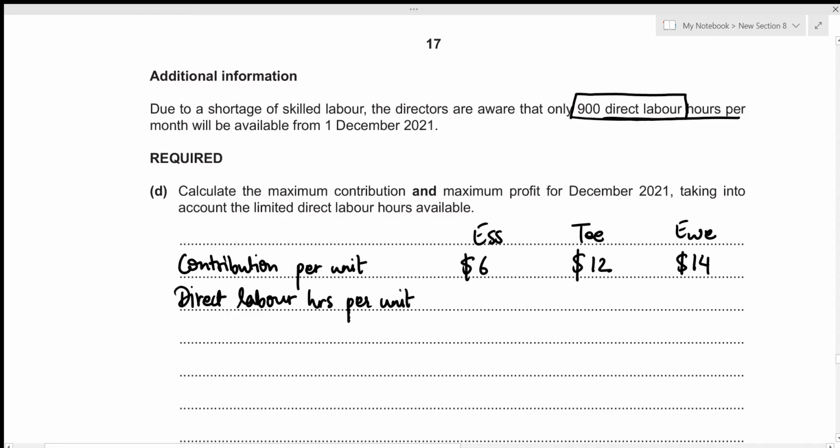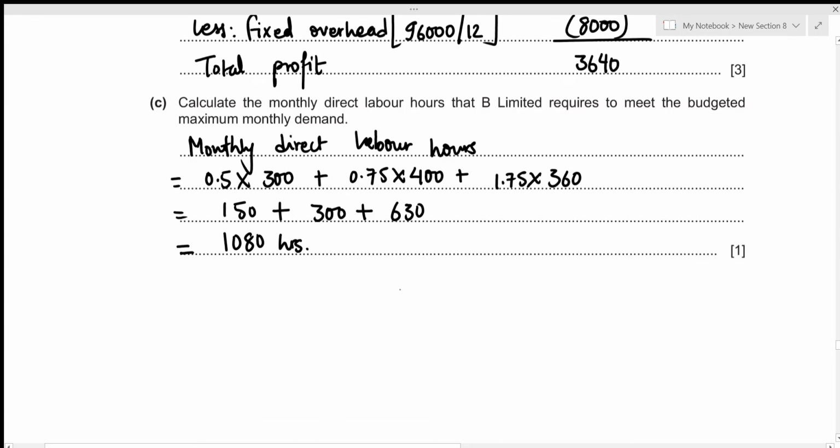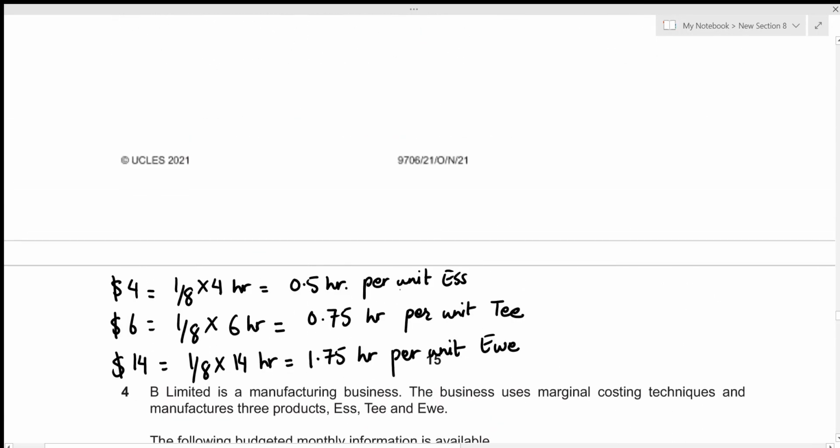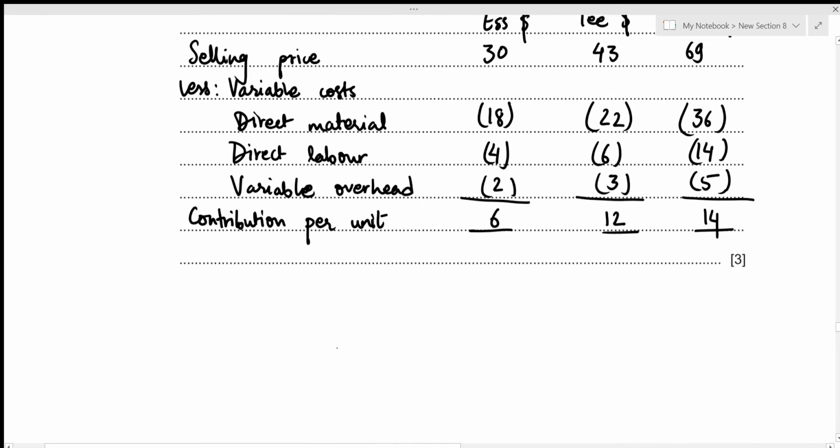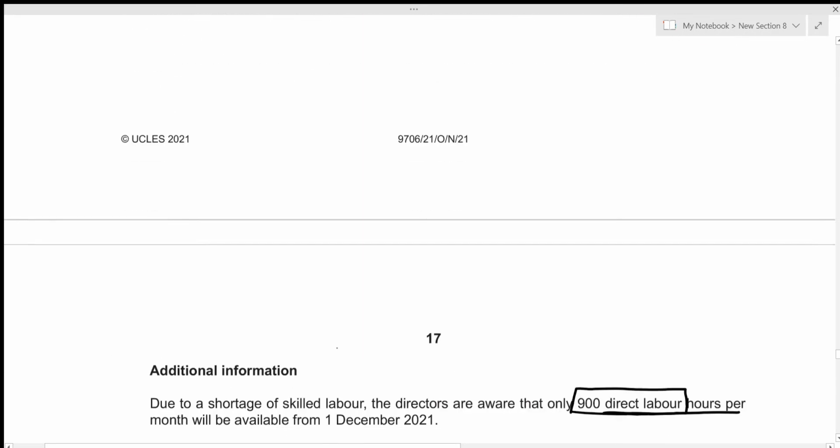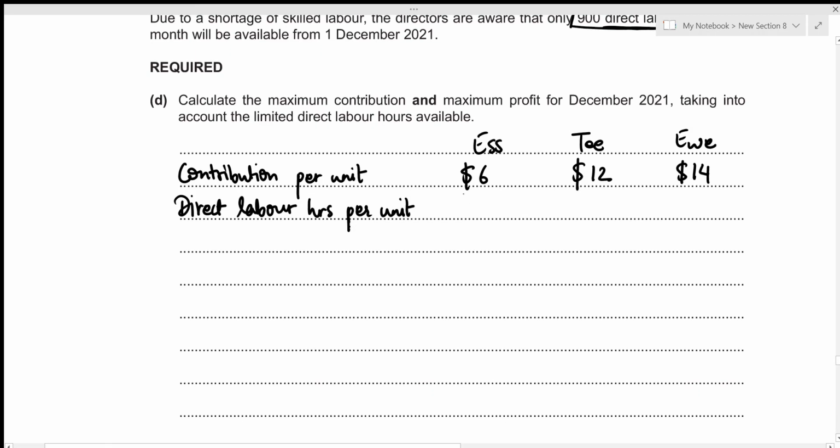Again, we figured it out above for the third part. Let's have a look. So for the product S, we require 0.5 hour. For product T, we require 0.75 hours. And for product E, we required 1.75 hour. Let's write it down. So that's 0.5, 0.75, and 1.75.